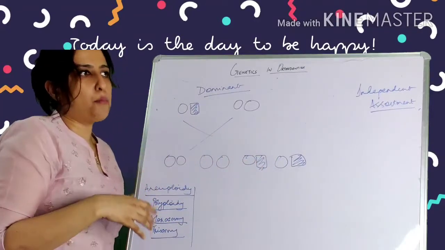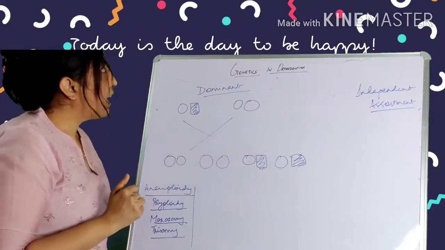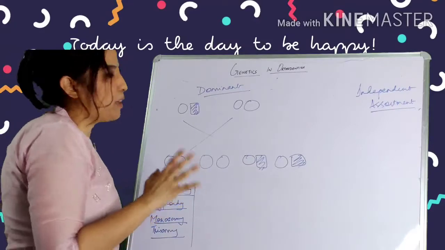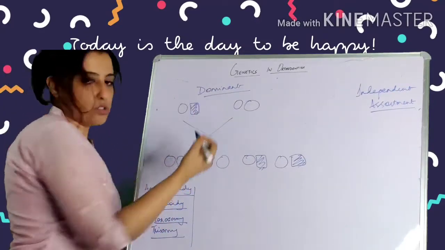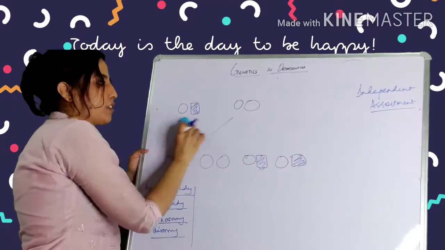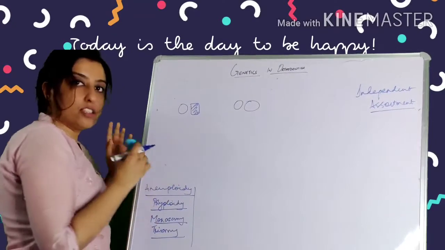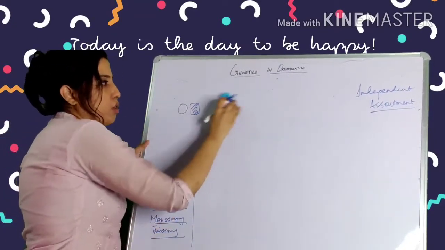So this is most commonly seen in Treacher-Collins syndrome, right? Then you have autosomal recessive. In autosomal recessive, what happens is you will have parents having the gene, they are the carriers. They are actually the carriers of the disorder.